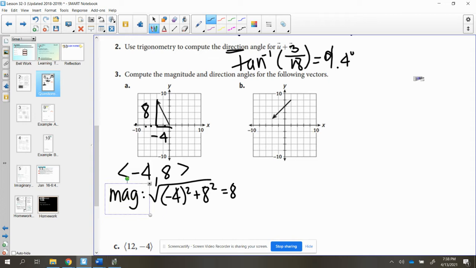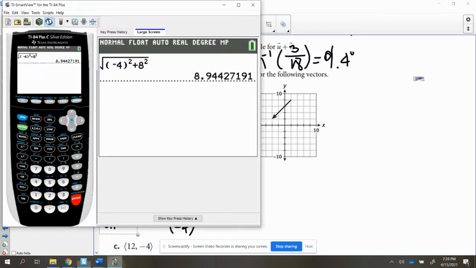And then we have to be careful because this time, notice the direction of our arrow. This is facing quadrant 2. So you have to be careful on the degrees because for the direction, when we take tan inverse of b divided by a, we're going to have to be a little cautious of that final answer.